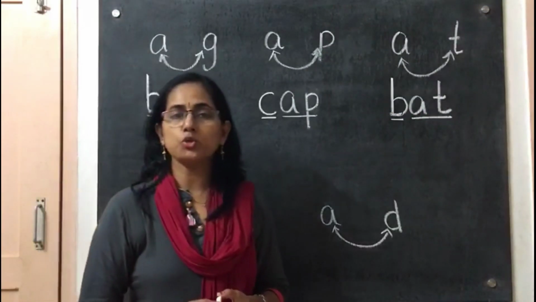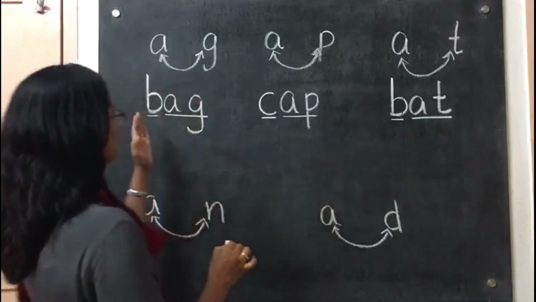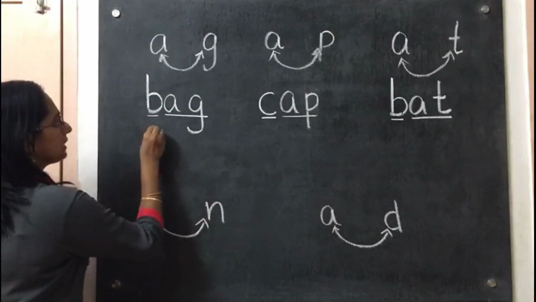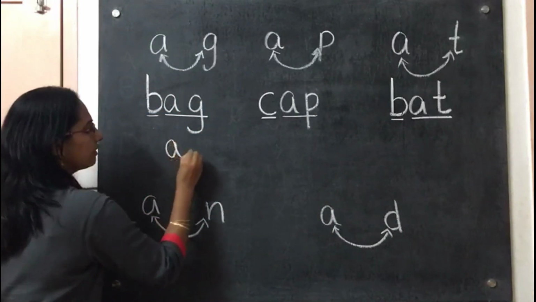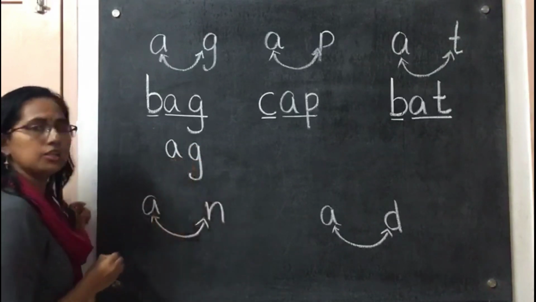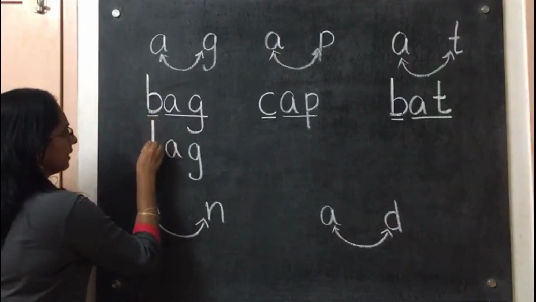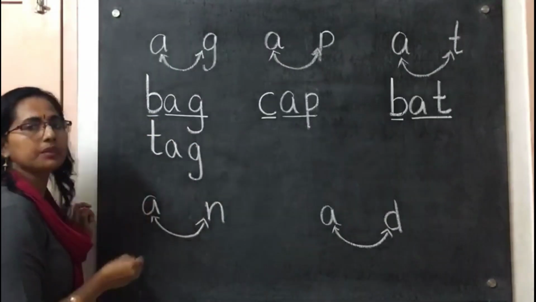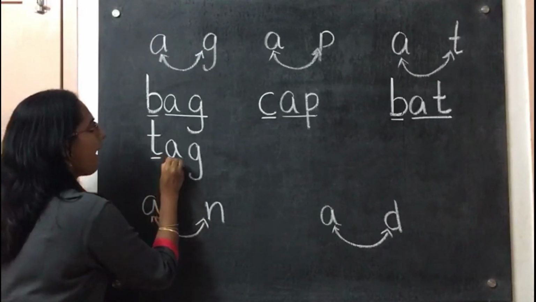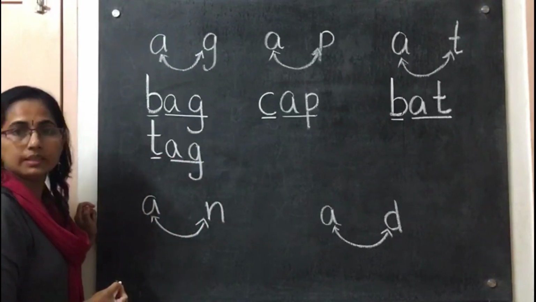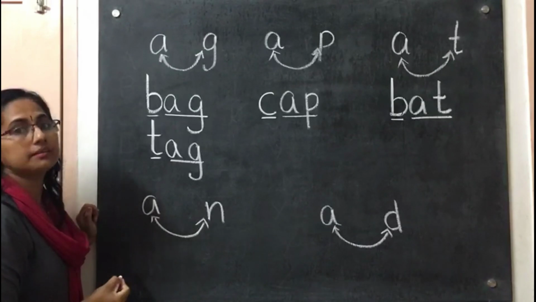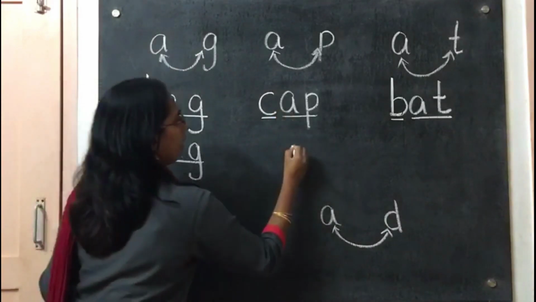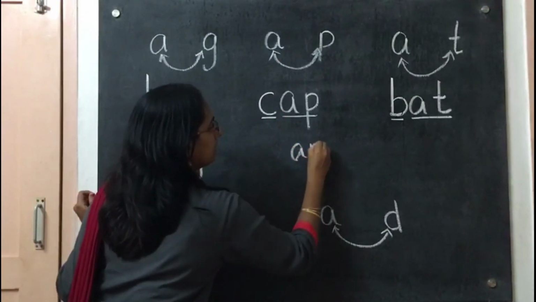Now let me show you one more example with all these words. G. Now I'll join T. Ag, tag. Again, ap.